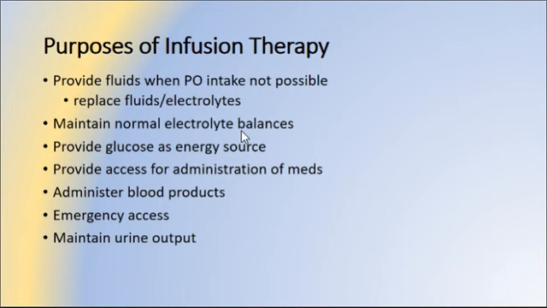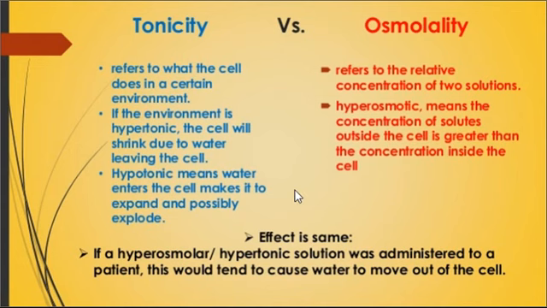Maintain normal electrolyte balances, provide glucose as an energy source, provide access for administration of meds, administer blood products, emergency access, maintain urine output. So there are multiple reasons that they are used. As a nurse, you should be familiar with the different things, what it's used for, when it's used, and which product is appropriate.